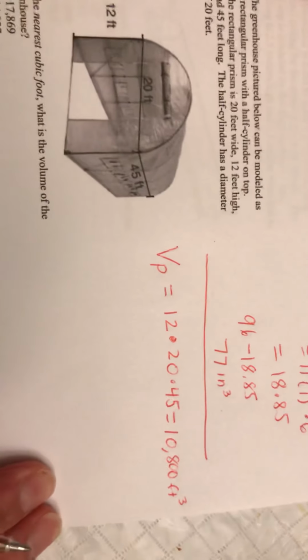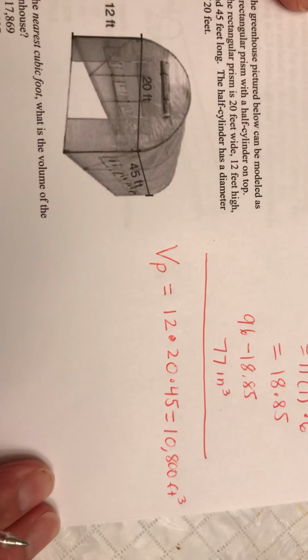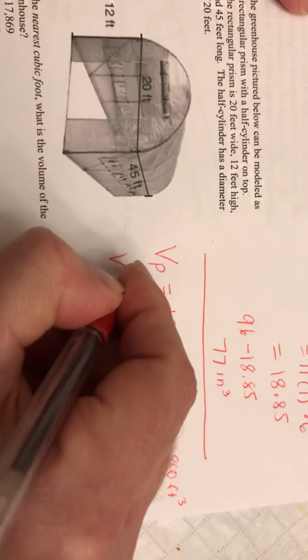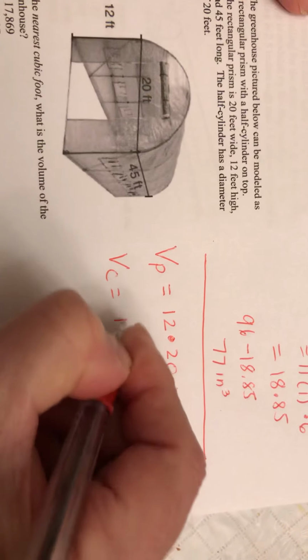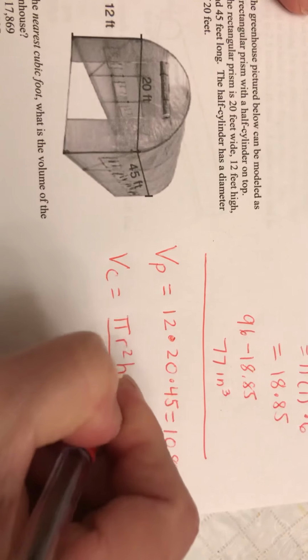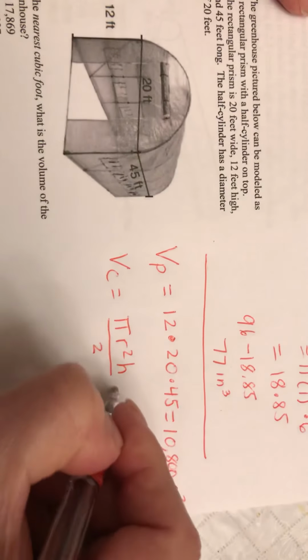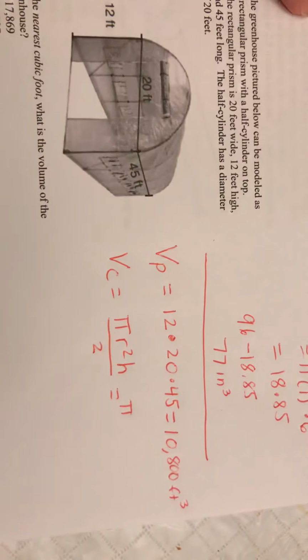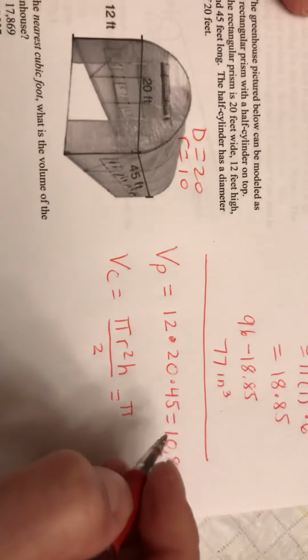Then we're going to find the volume of the half of a cylinder. If we do a cylinder, it's pi r squared h. But now since it's half of a cylinder, we're going to divide by 2. Keep in mind that the diameter is 20, so our radius is going to be half of that, or 10.